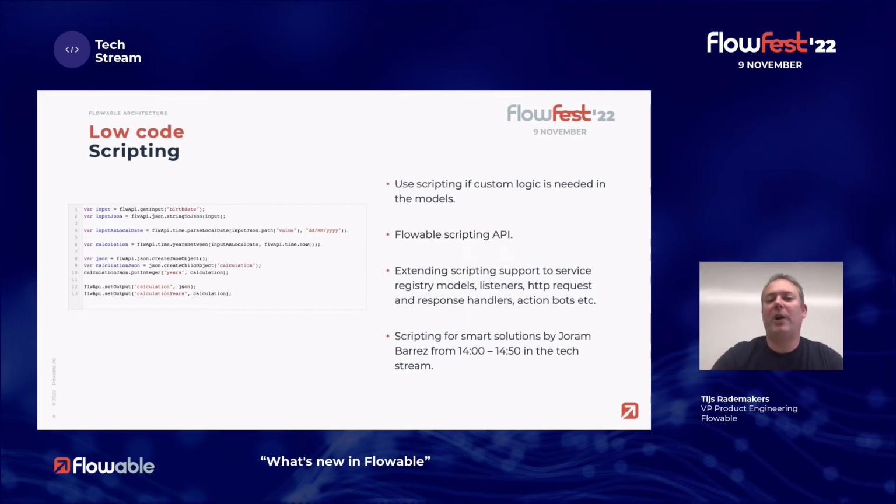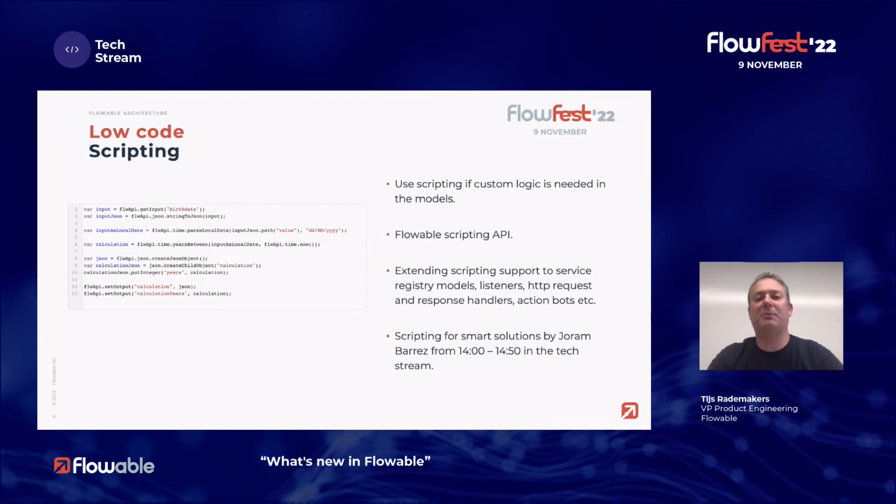And while adding these more scripting capabilities, it's of course important that you can also use it in a lot more different places. So not only in a script task, but also in a task listener, in an execution listener, for example, in a service registry model. So there's now the possibility that you invoke a bit of script from a service registry model.